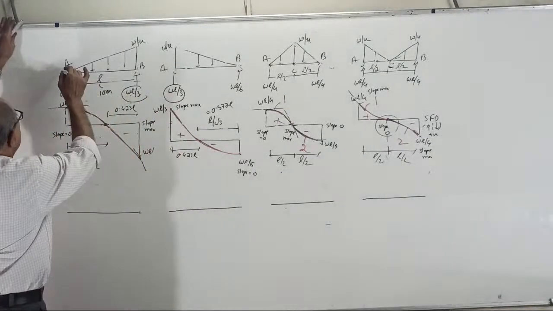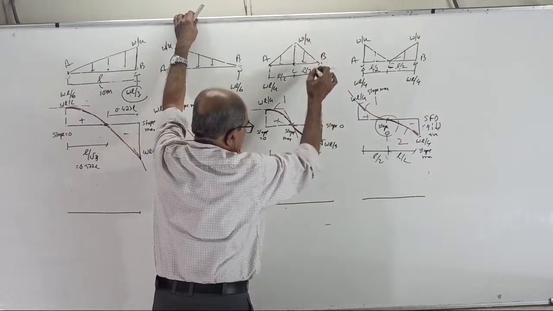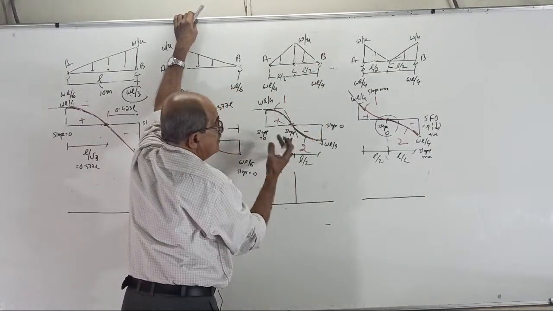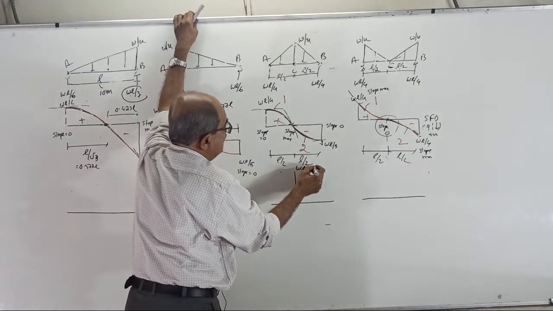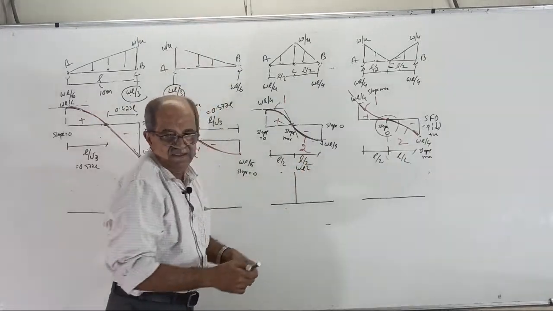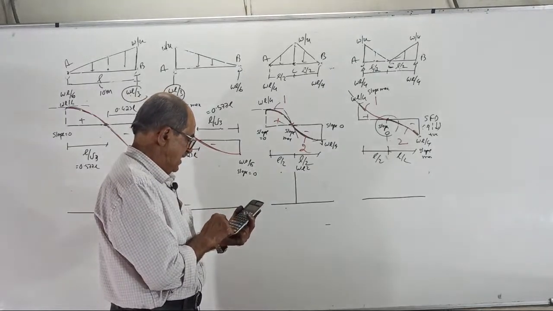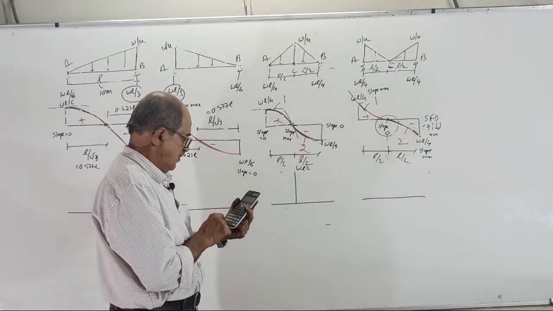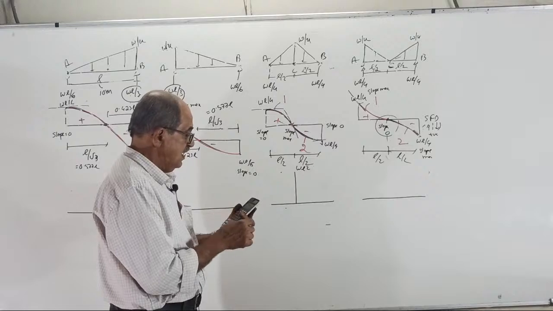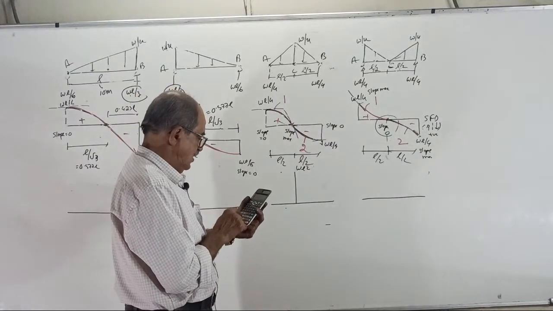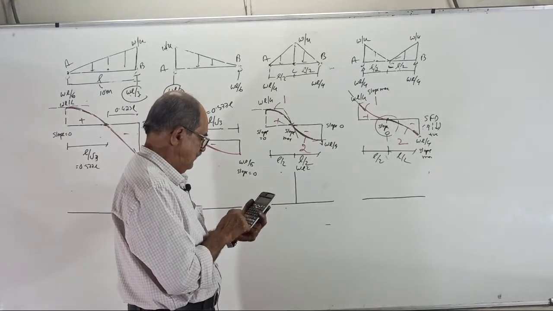Start. BM at A is 0, BM at B is 0, BM at C is WL square by, I forgot the number. Okay, I calculate. 1 by 4 into 0.25 into 0.5 minus half into 0.5 into 1 into 1 by 3 of 0.5.